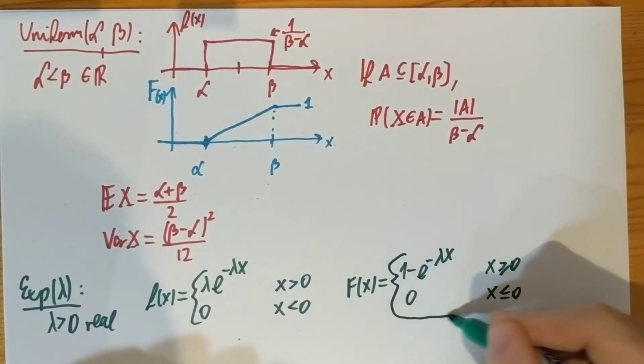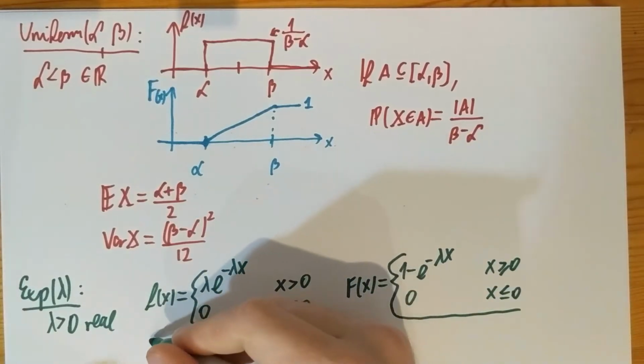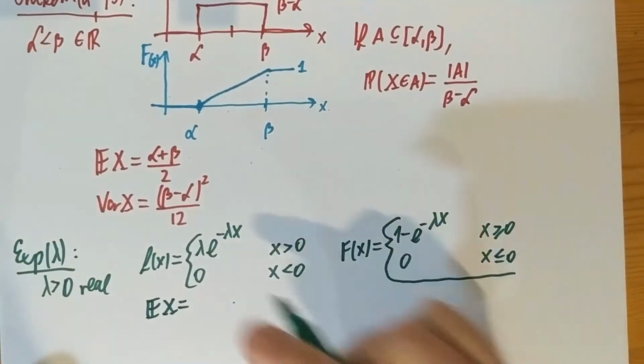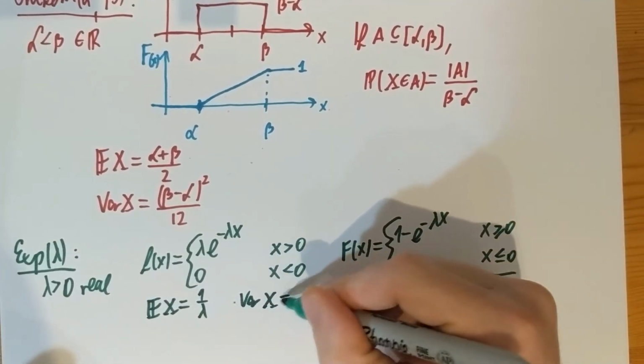Here I did tell you what it is at 0. Of course, right continuity will just tell that. Anyway, these values actually agree at 0. The expectation of X is 1 over lambda, and the variance of X is 1 over lambda squared.